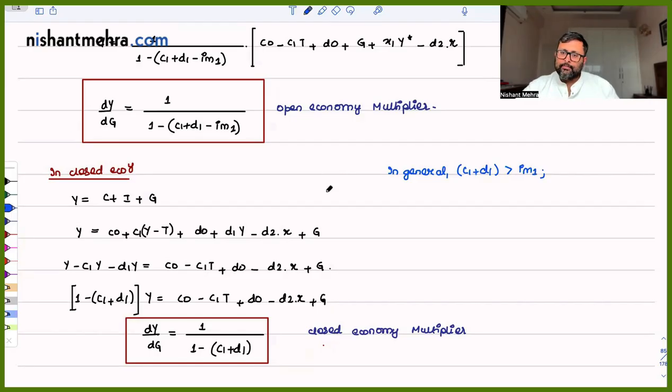And if that is the case, we can see that dy by dg is going to be smaller than the closed economy multiplier. With me, guys?